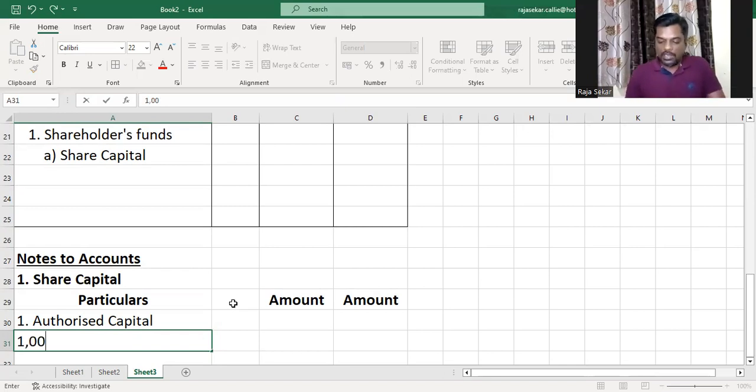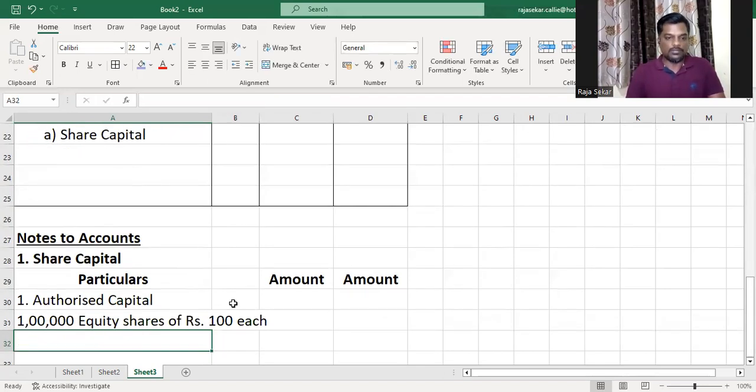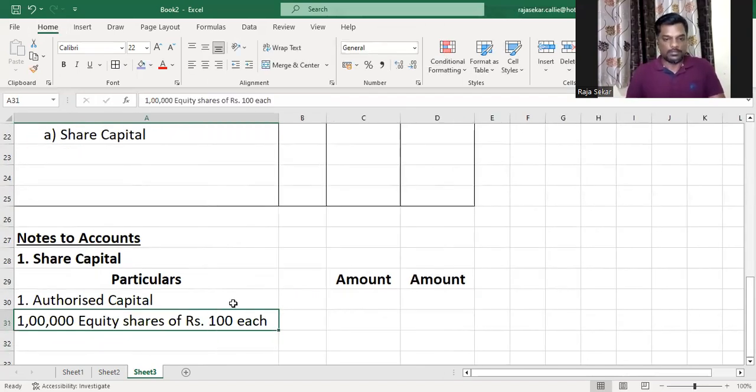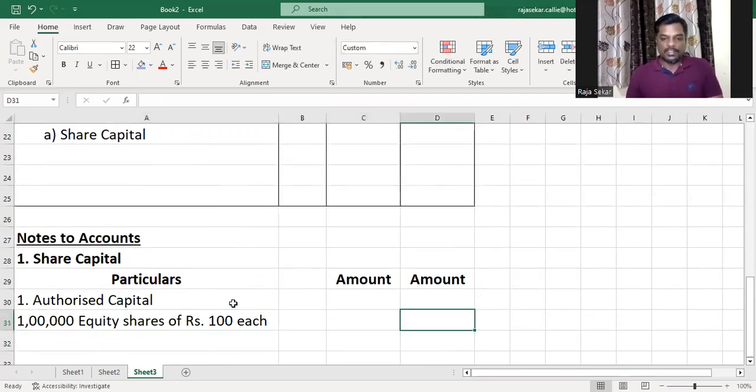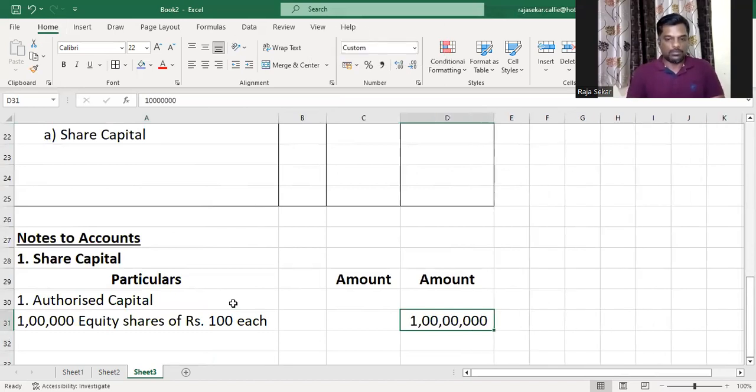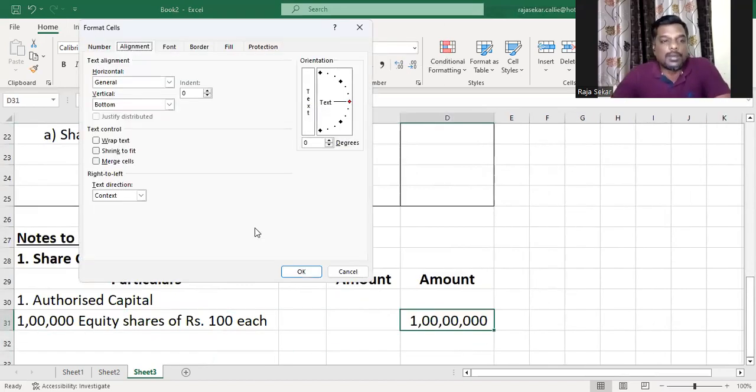So you write 1 lakh equity shares of rupees 100 each. And in the outer column, you write 1 crore. And double underline this. Remember, double underline this.